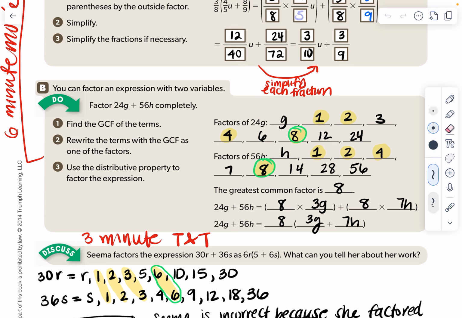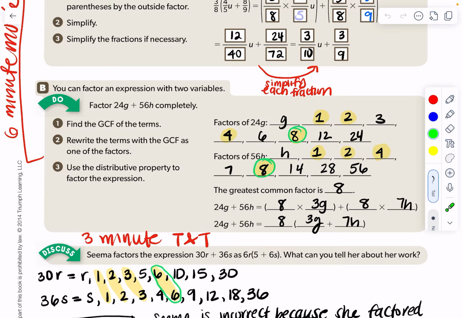And so we then know that 24g can be broken up into 8 times 3g, right? 24 is 8 times 3, but there's a g attached to it, so it's 3g, right? And then 56h can be broken up into 8 times 7h.